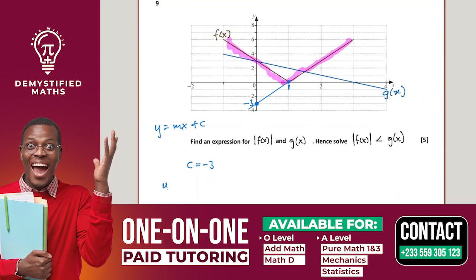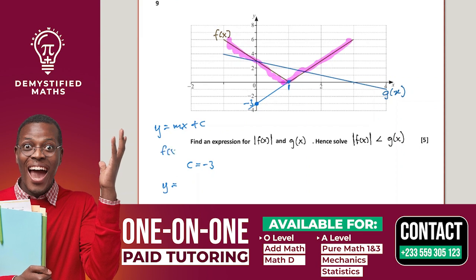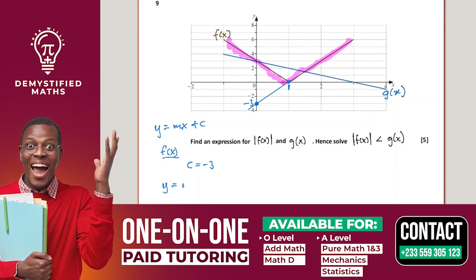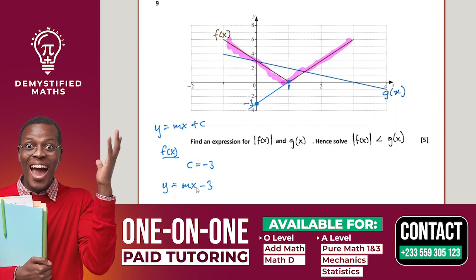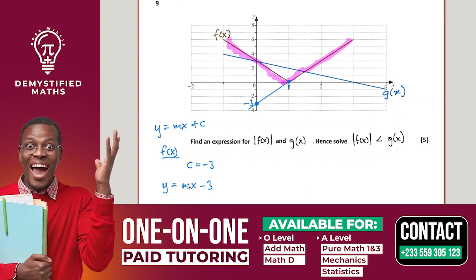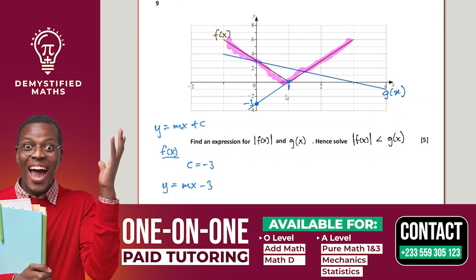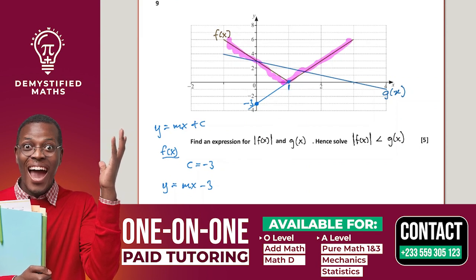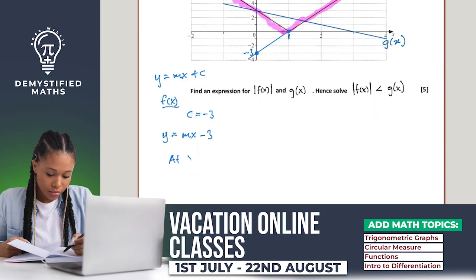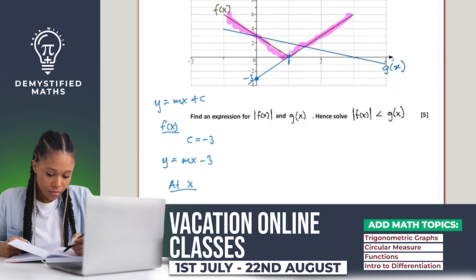Now, what is left for me is to find the gradient, which is not going to be difficult because I can use the x-intercept. At the x-intercept, that's when x is equal to 1, my y is what? 0. I just need a point, all right?